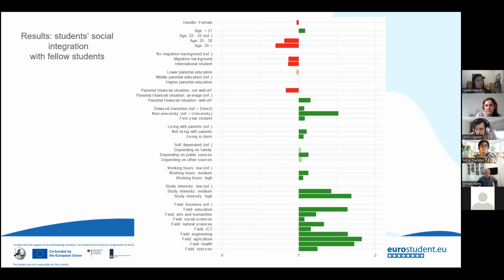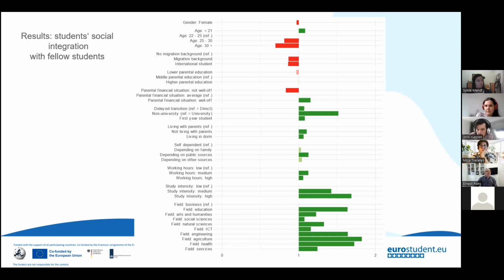And for the socioeconomic background, surprisingly, we saw that the parental education did not have any effect. But the parental financial situation did have a clear effect, showing that students who are not well off, with less money in their family, indicated lower social integration.